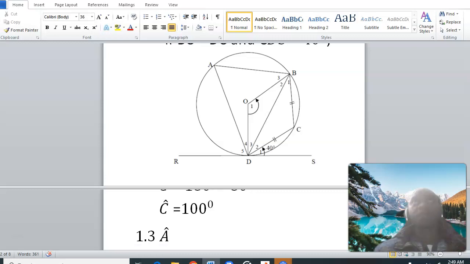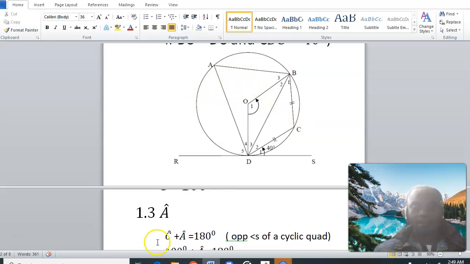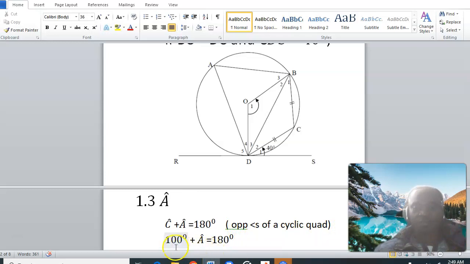Then let's look at A. We want to calculate A, this angle. Now, C plus A is equal to 180, opposite angles of a cyclic quad.